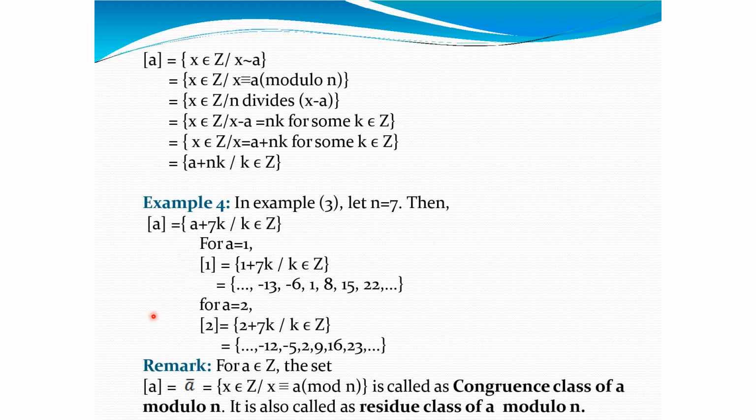Similarly, you can put A as 2, A as 3, A as minus 1, minus 2 and so on. Now the equivalence class of A equal to {x in Z such that x is congruent to A modulo n} is called the congruence class of A modulo n. This is also called the residue class of A modulo n.